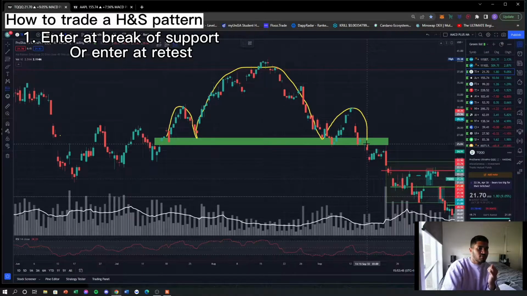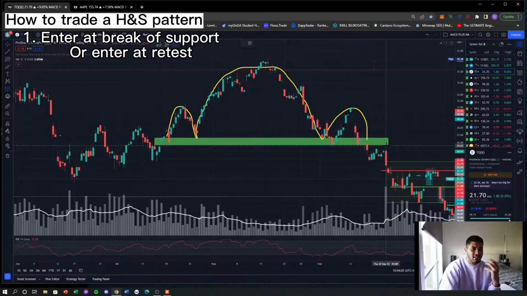So we can clearly see that it broke the area of support and pushed back down, and then it reversed back up to that previous support level, which has now turned into resistance.